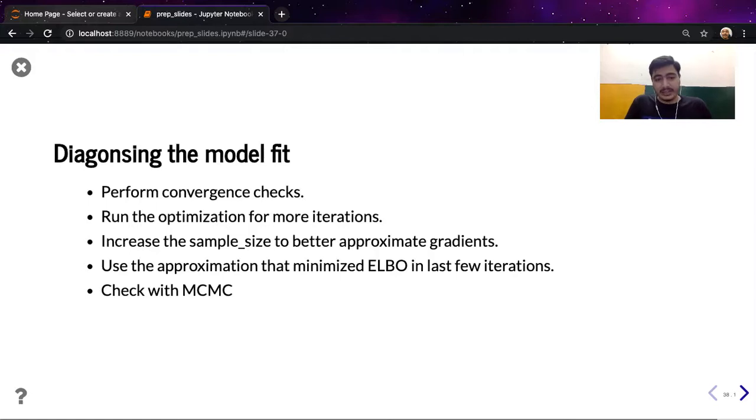If we see the ELBO has not converged, we can just take the optimization loop and run it for a further number of iterations. As we are approximating our gradients as well, we can increase the sample size that approximates that gradient.